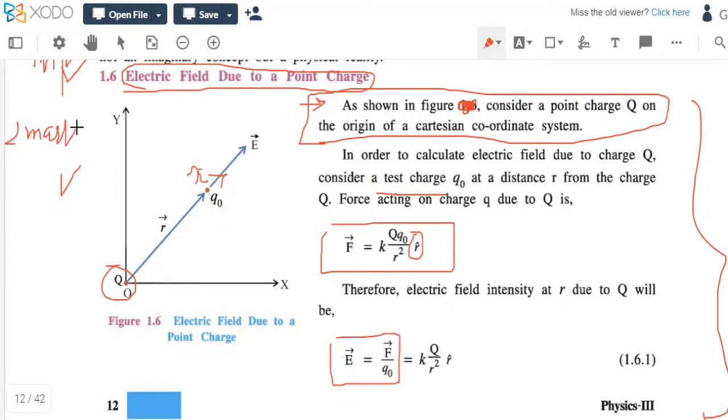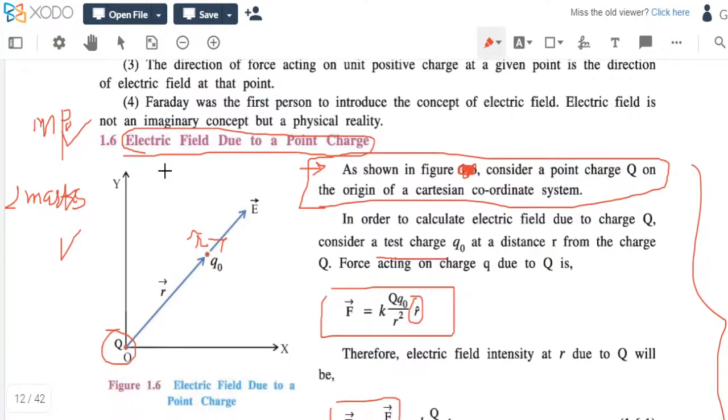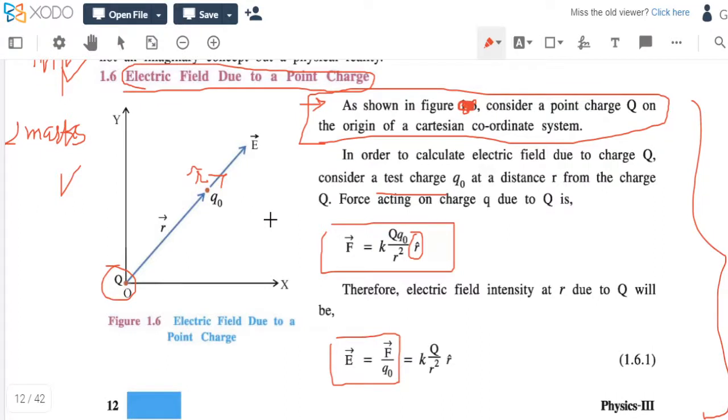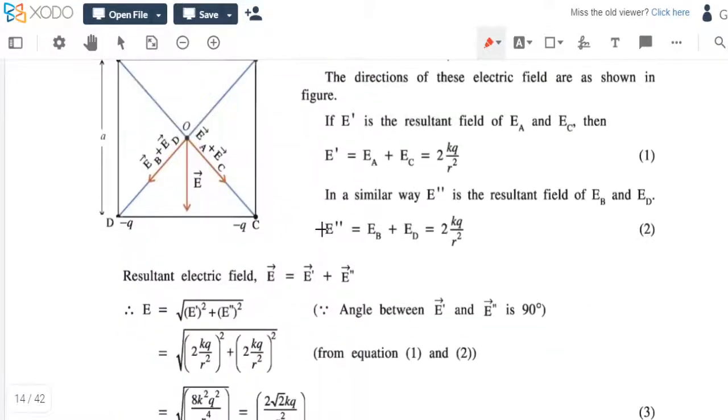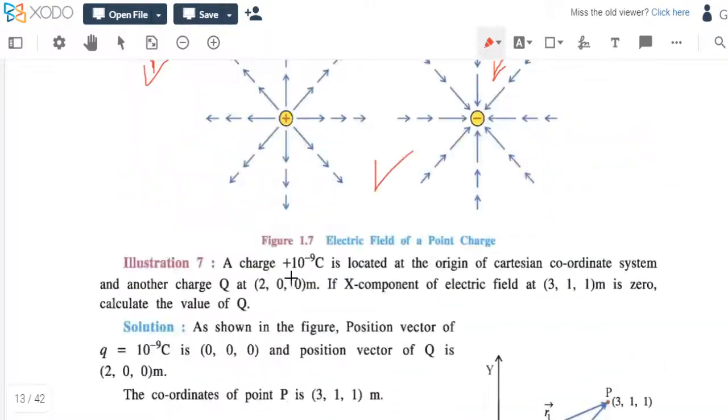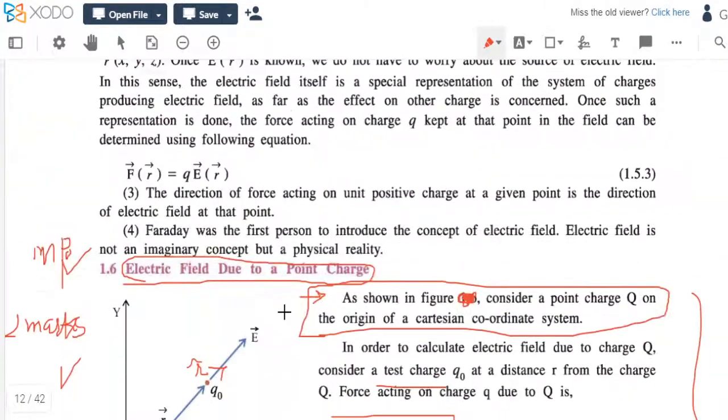We are not sure what the blueprint will be for next year, so I request you, please remember and write down this theory in your notebook. This is the electric field due to a point charge. Further theory for uniform charges is about to come next, but we will require some MCQs solved regarding this.